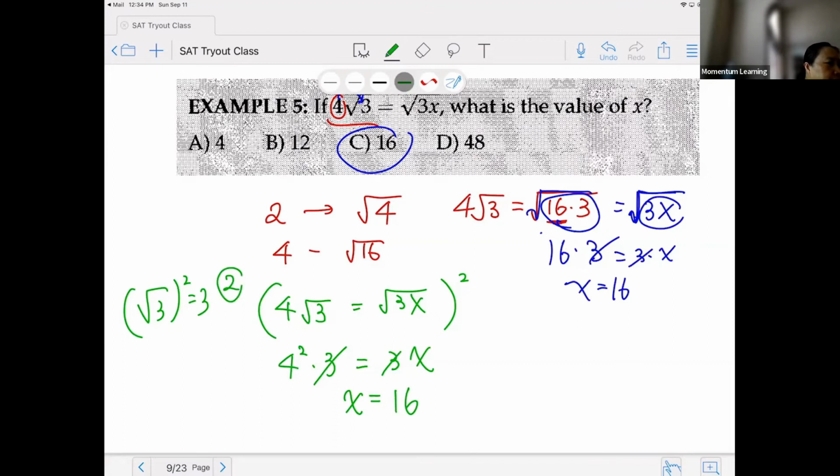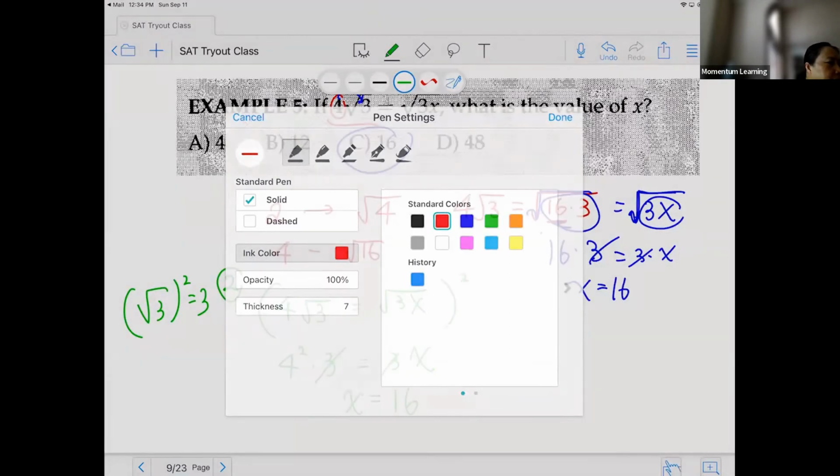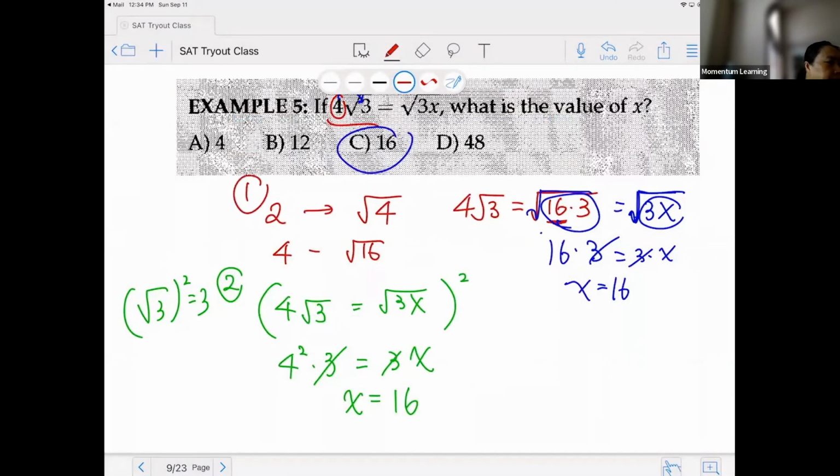And then of course, method 1. Either way. Andrew also said a similar method, method 3: 4√3 equals √3x. You can split that.